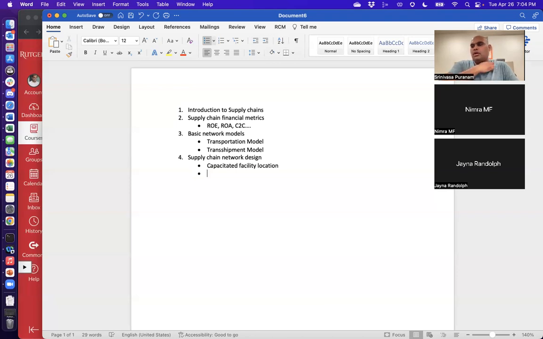We covered facility location with single sourcing. Remember, this is the model where, if you remember, one of the examples that I did in one of the synchronous sessions was a model for supply chain consulting.